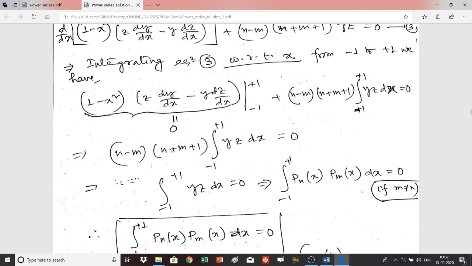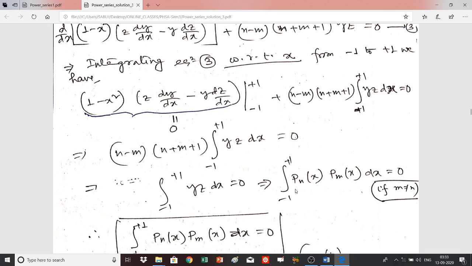And from the second term, you will have (n minus 1)(n plus m plus 1) integral from minus 1 to plus 1 of yz dx, that is equal to 0. Since this factor is not equal to 0, you write here integral from minus 1 to plus 1 of yz dx is equal to 0.